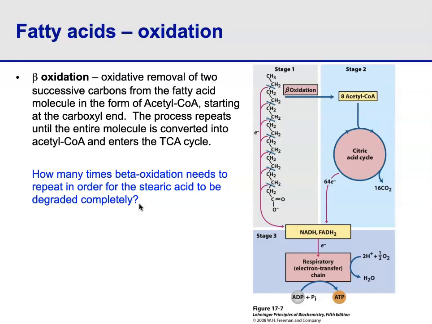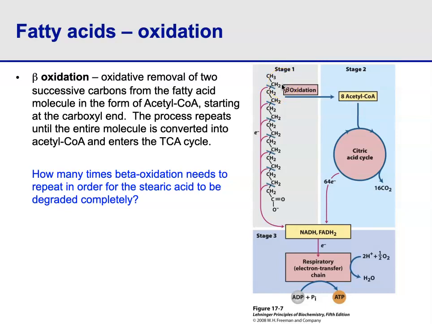Because in the last cycle, where you have only 4 carbons in the hydrocarbon chain, the removal of the 2 front runners, in a way, the alpha and the beta carbon, will also result in an acetyl-CoA formation of what's left at the end.